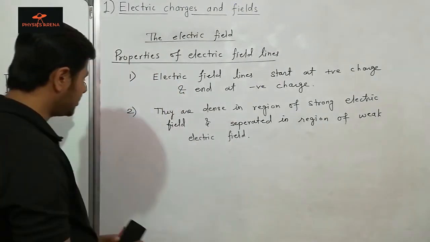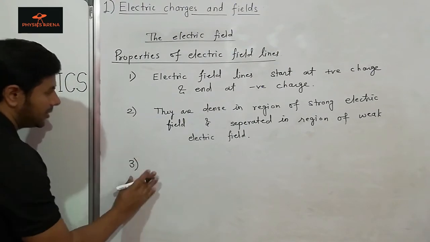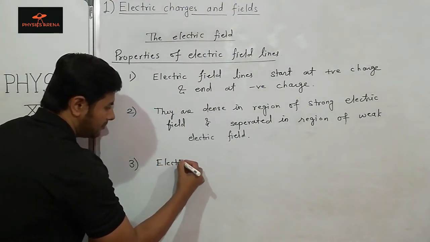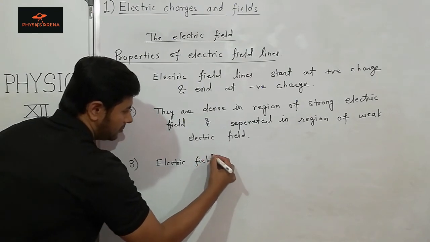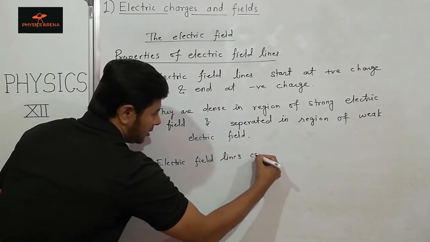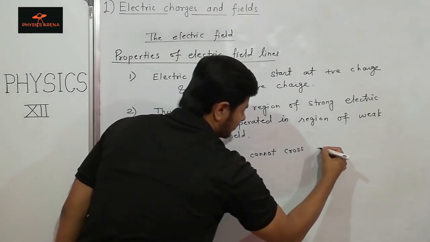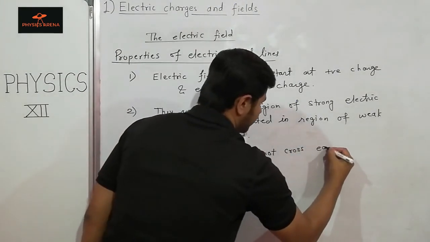Okay. Then property number 3 is electric field lines cannot cross each other.